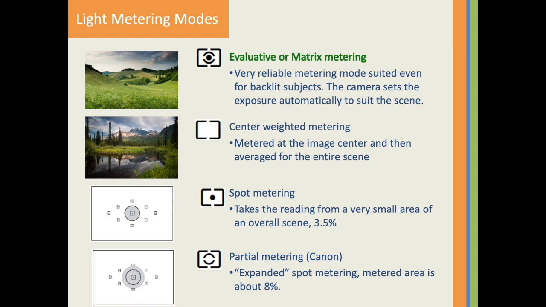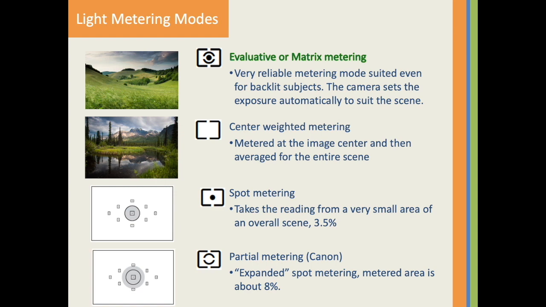The other two metering modes that you might want to experiment with are partial and spot metering for special light conditions. For example, overly black or white scenes with a main contrasting subject occupying only a small portion of the frame.